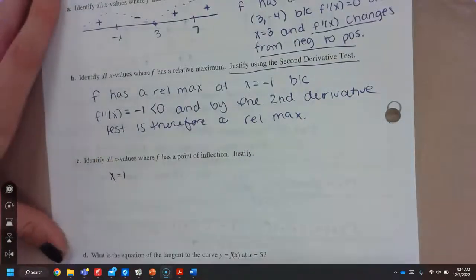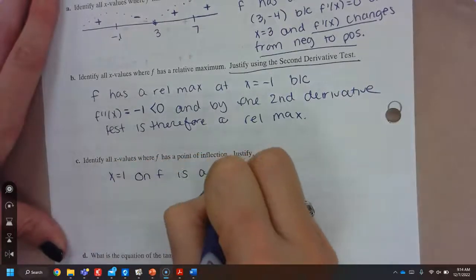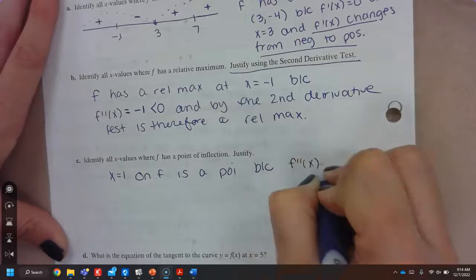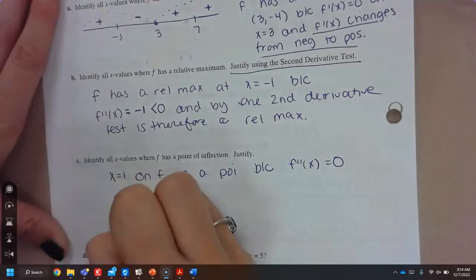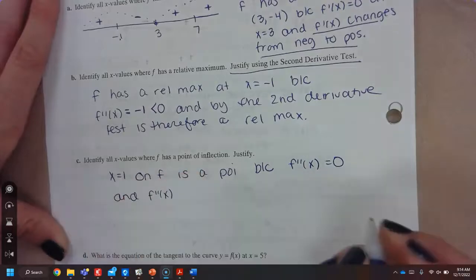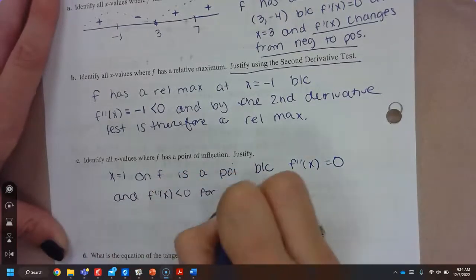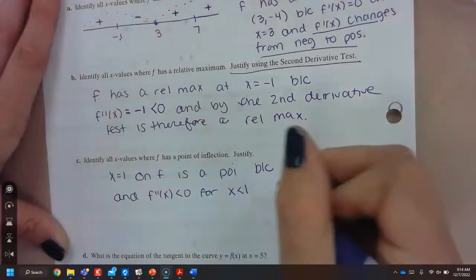So x equals 1 on f is a point of inflection because f double prime of x equals 0. And f double prime of x is less than 0 for x values less than 1.